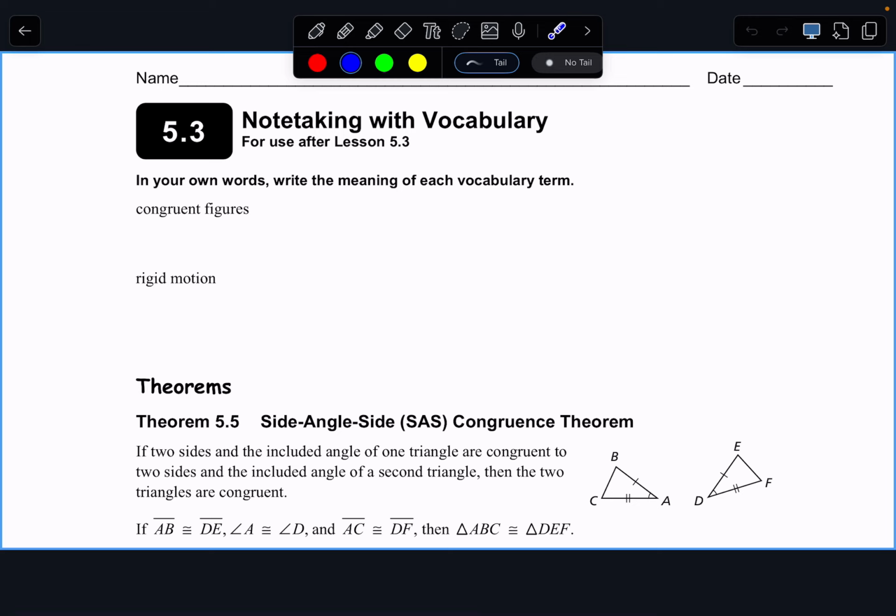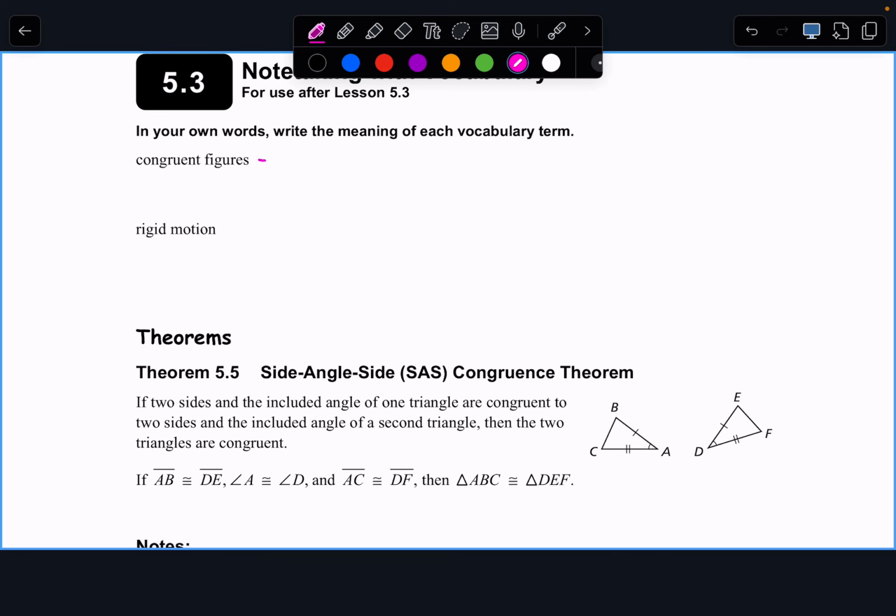Okay. So remember, when we talk about congruent figures, we're talking about two figures that are the same size and the same shape.